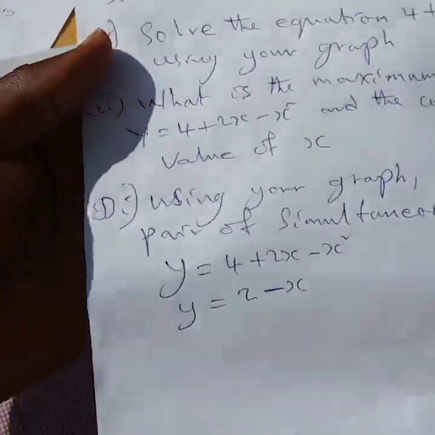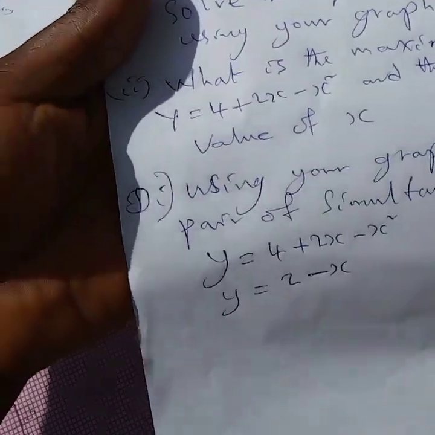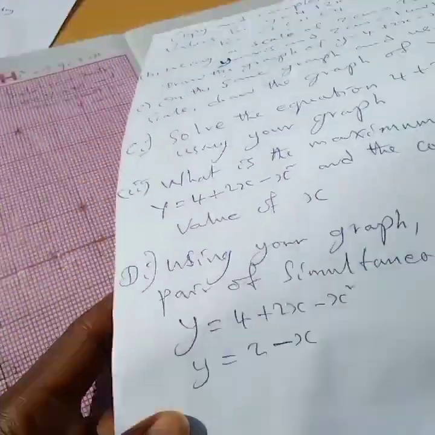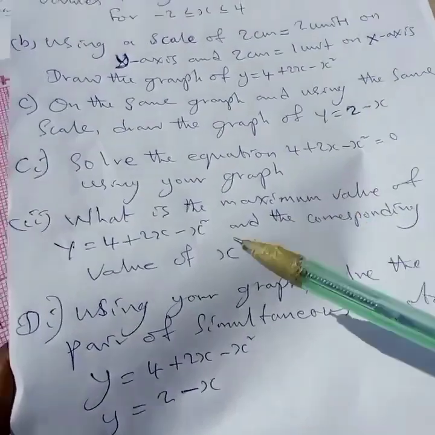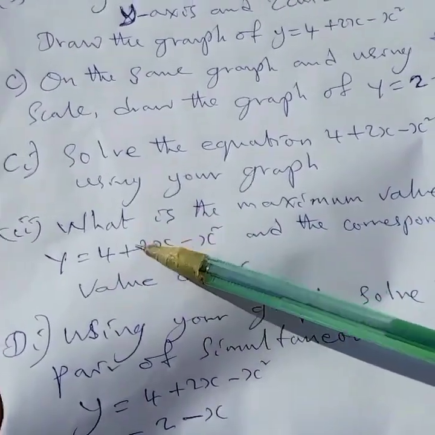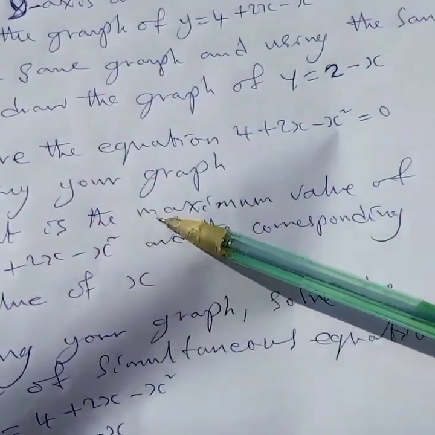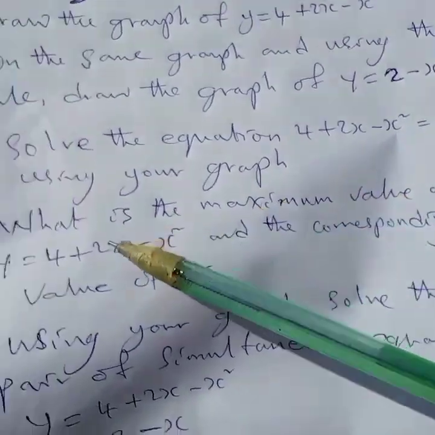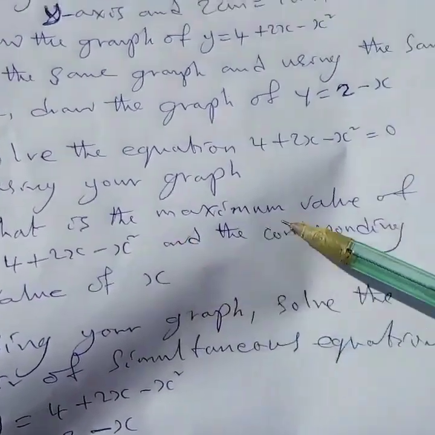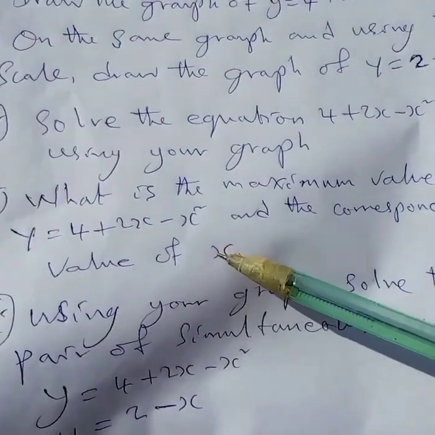Even though I'm trying to be a little bit fast, I'm also considering your understanding of what I'm doing here. That's basic. What again do we have here? What is the maximum value of this and the corresponding value of x?